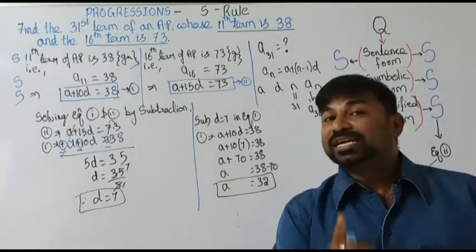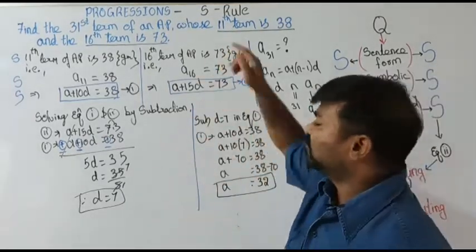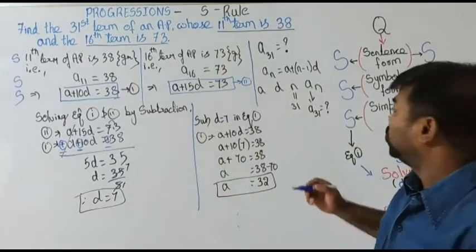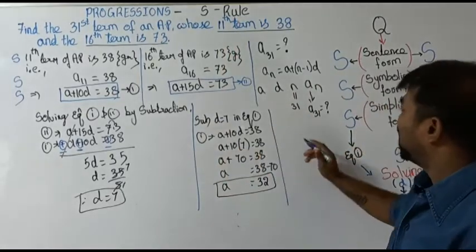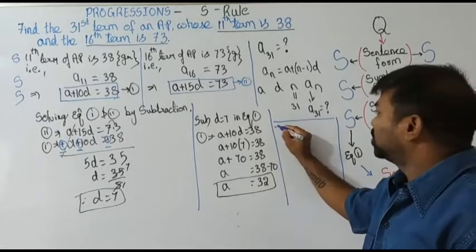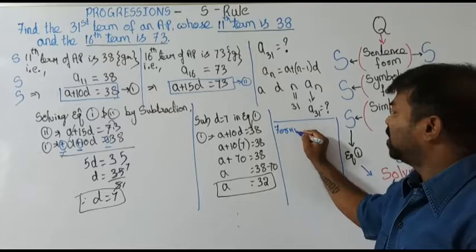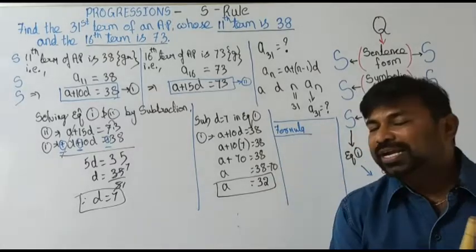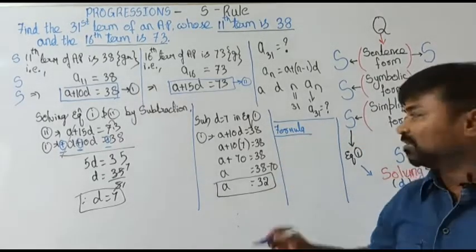But what's the question? He's asking us to find the 31st term. Let's find it out, 31st term with the help of nth term formula. So what's the formula here? To find any term, go for the nth term formula.